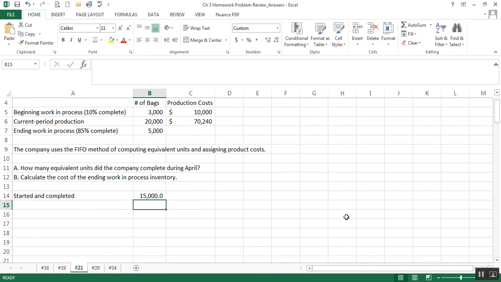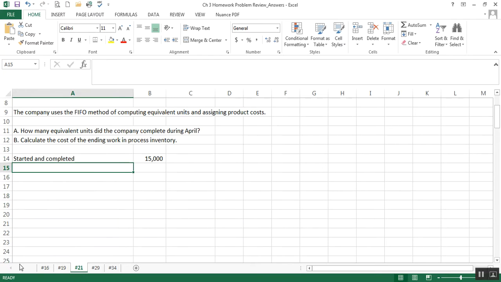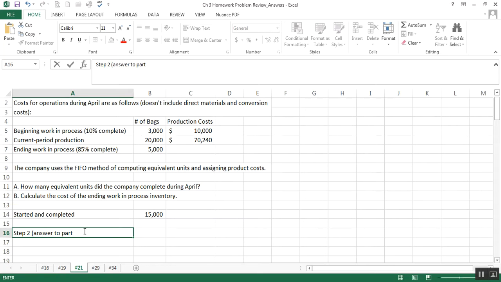Okay? So that's going to be our starting point as we go on to step 2, since we calculated step 1 in problem number 19. Now, we use this information to calculate our equivalent units. So step 2, which is the answer to part A, is going to start with our beginning WIP, which is going to be our 3,000 units times 90%.